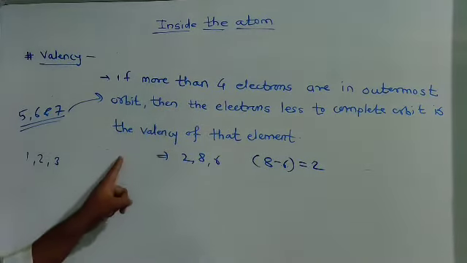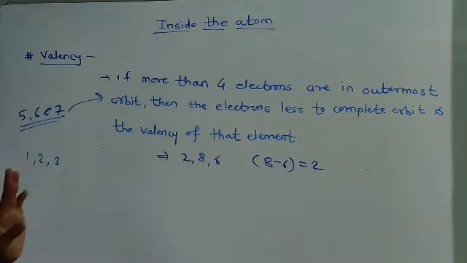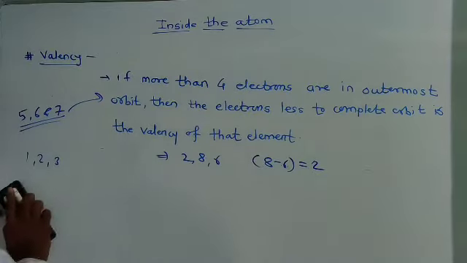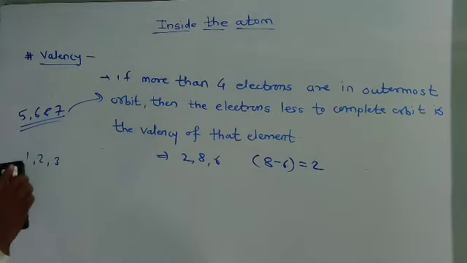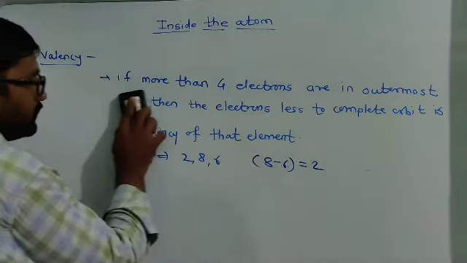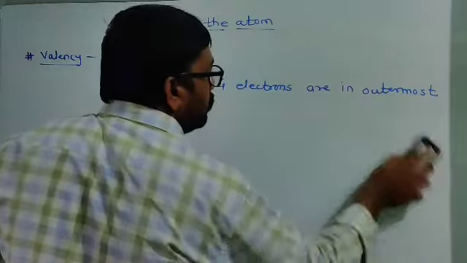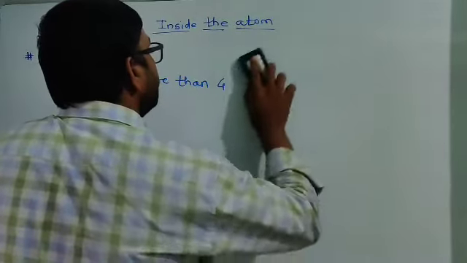Now we have to see how to find the valency when 1, 2 or 3 electrons are present in the outermost orbit.